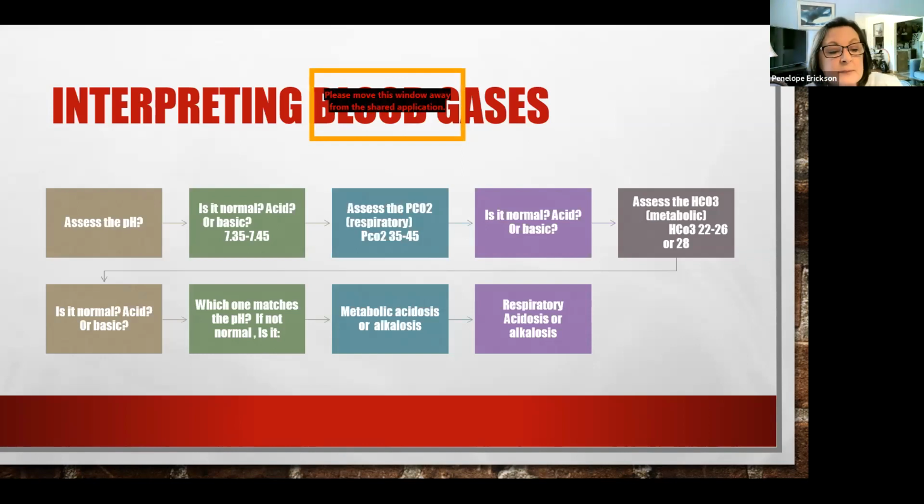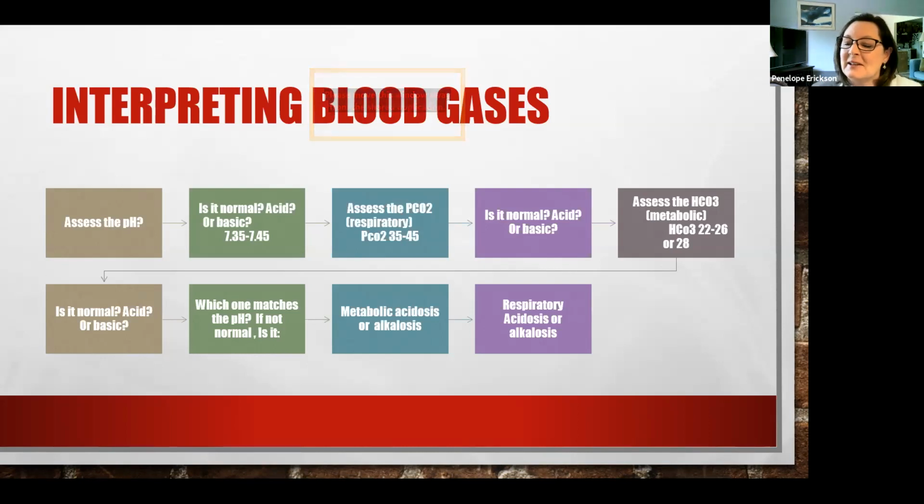So after looking at the bicarb, we're going to ask ourselves, is it normal? Remember that normal value is 22 to 26 or 28, depending on what your lab values are in your organization. Depending on if you send it to LabCorp or Quest or wherever, they have their different parameters. Somewhere 22 to 26 is perfect.